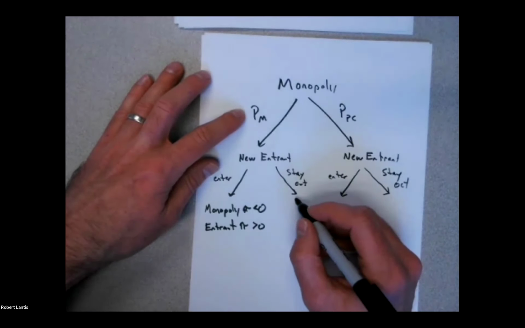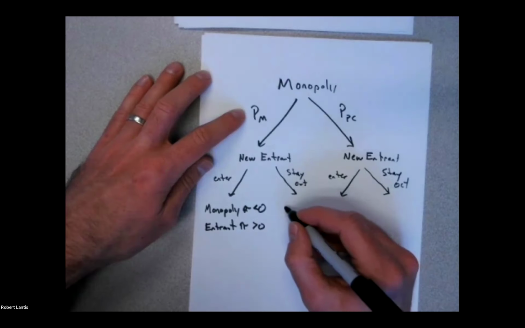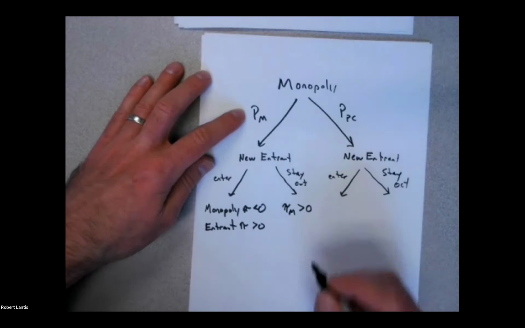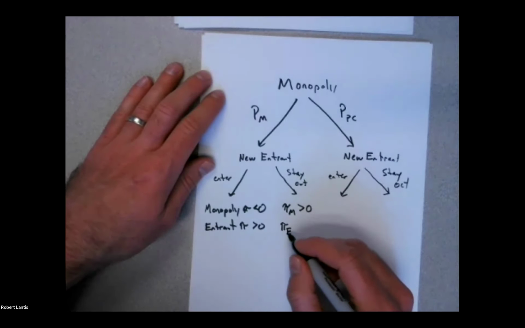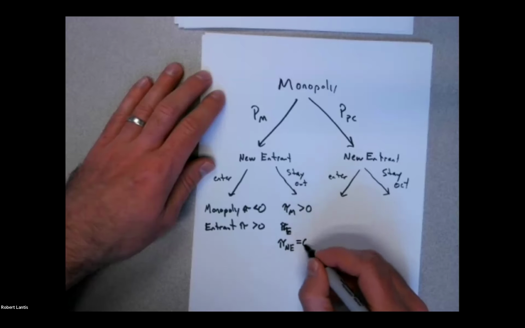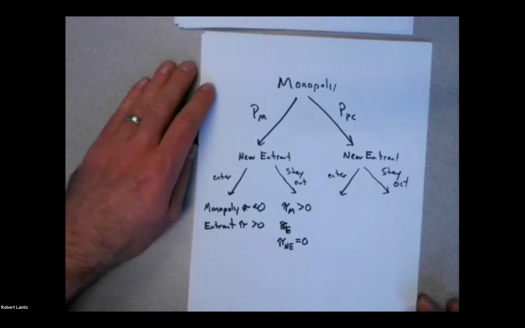Now, if the new entrant decides to stay out, well, here I'm going to shorthand my monopoly profits. We said they are always positive. And for the new entrant, their profits are zero. They didn't do anything. They didn't enter this market.